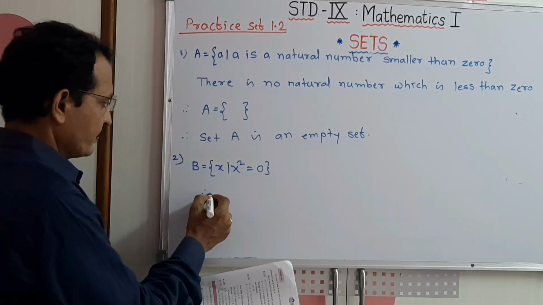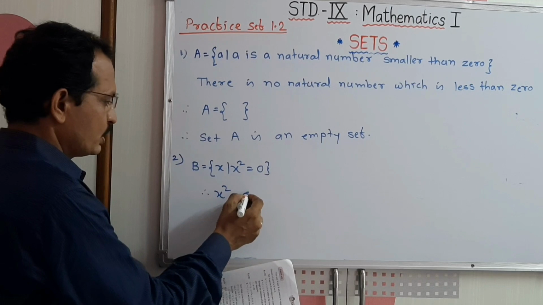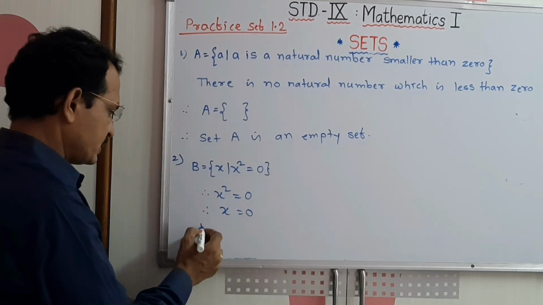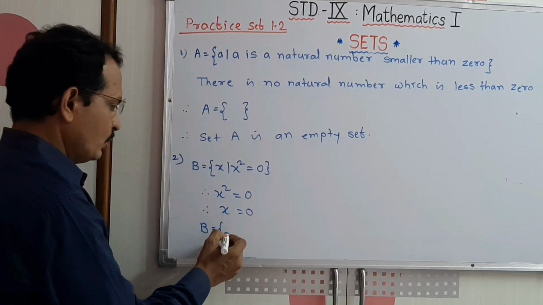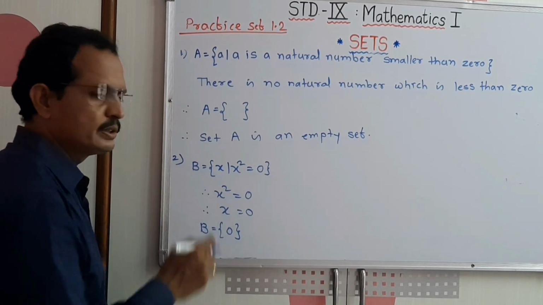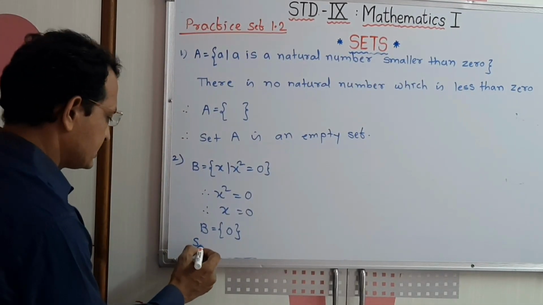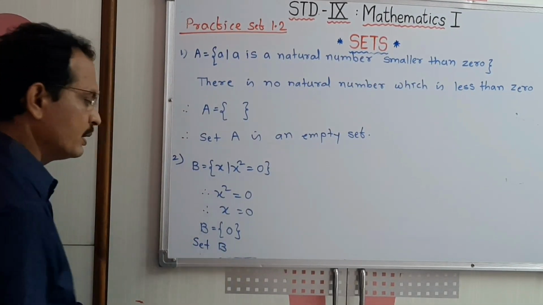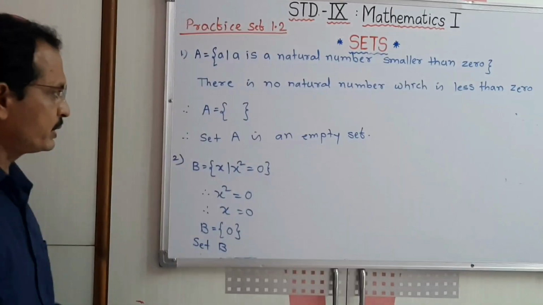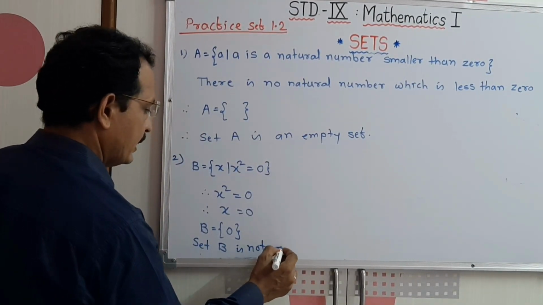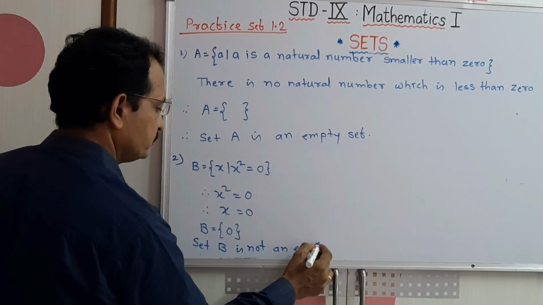Here, x square is equal to 0. Therefore, x is equal to 0. Therefore, set B contains one element which is 0. And therefore, we can say that set B contains one element. Therefore, set B is not an empty set.